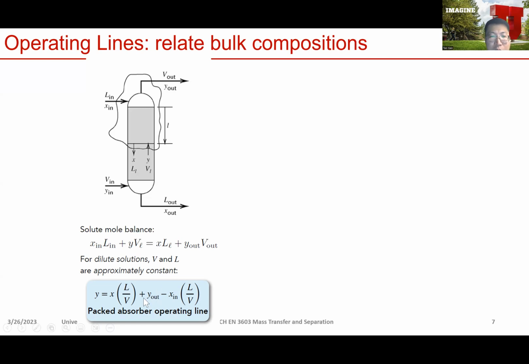Then you can just move y out from left to right. You get this equation, right? So that gives you the packed absorber operating line that relates basically the gas phase composition with your liquid phase composition. Okay, and we can draw this on an x-y diagram, and the slope of this straight line is gonna be the ratio between the liquid flow rate and the vapor flow rate, right? And we know y out and x in.